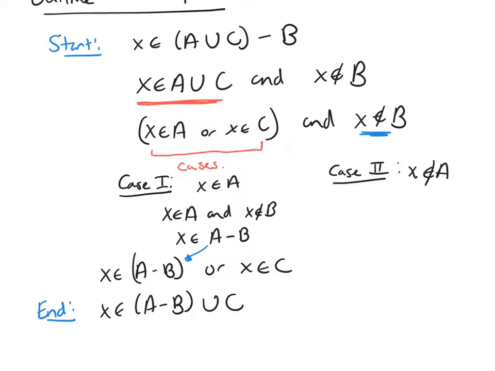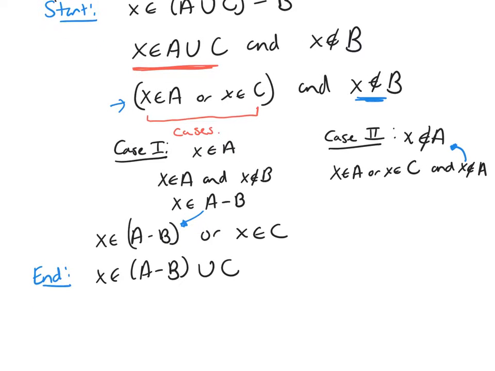If you look back here, X is in A or X is in C. And we're also assuming here that X is not in A. If it's in A or C, but I know it's not in A, by process of elimination, it has to be in C. So this means that X is in C, which again was one of the two things I needed to get my end result.